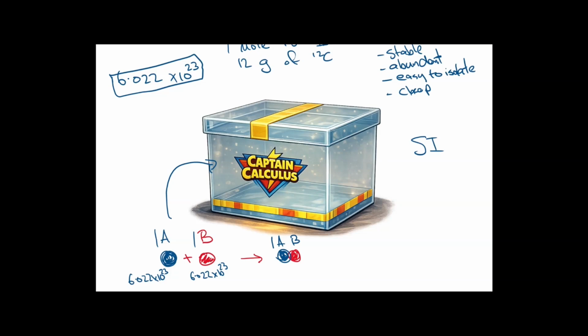There's no AAB or ABB or anything like that, and there's no spare ABs left over. We would have 6.022 times 10 to the 23 molecules of this AB stuff.